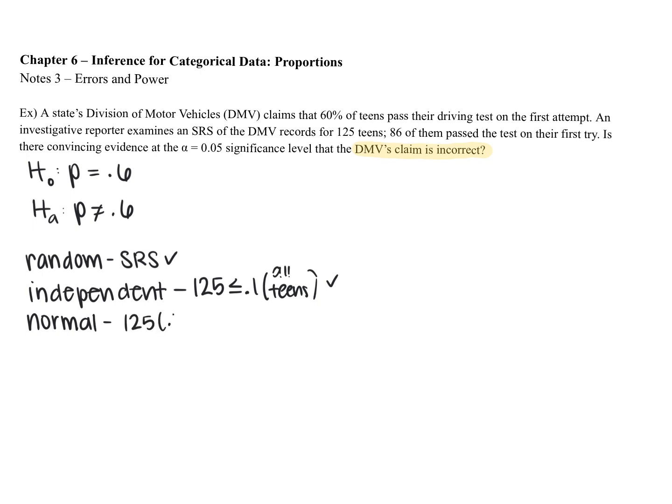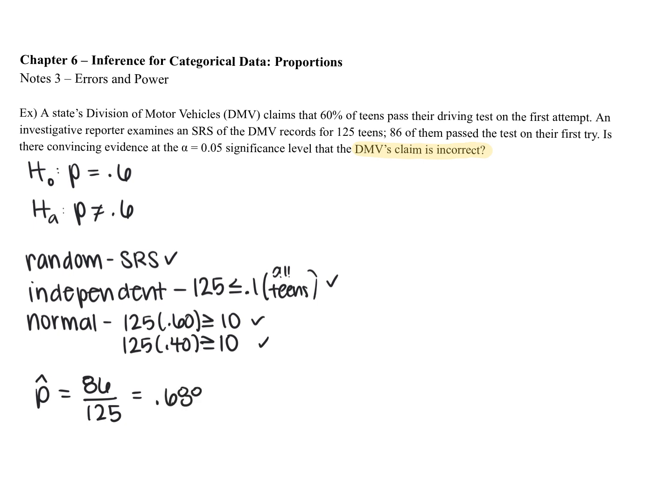125 times 0.60 has to be greater than or equal to 10, and 125 times 0.40 has to be greater than or equal to 10. And since half of 125 is 62.5, we've met those conditions. So now for my p hat, we know that 86 out of 125 passed the test on their first try, which is exactly 0.688.